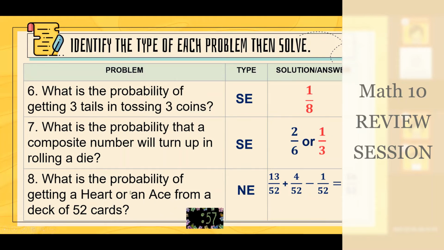Ace heart nga. So, minus 1 over 52. How did you get 1/4? 13 plus 4, 17, minus 1, 16. So 16/52. 16 divided by 4 is 4, 52 divided by 4 is 13. 4/13, tama ba?